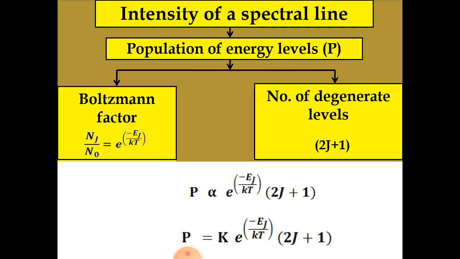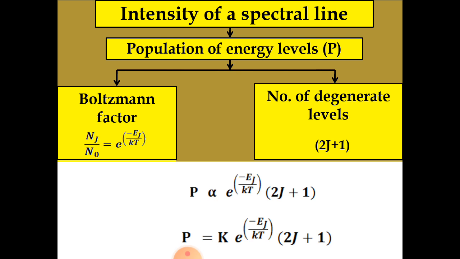The intensity of a rotational spectral line depends on the population of rotational levels P, and it depends on two factors. One is the Boltzmann factor, the other is the number of degenerate levels.